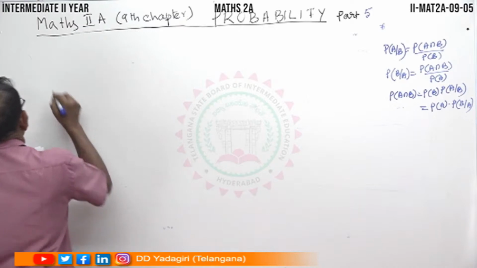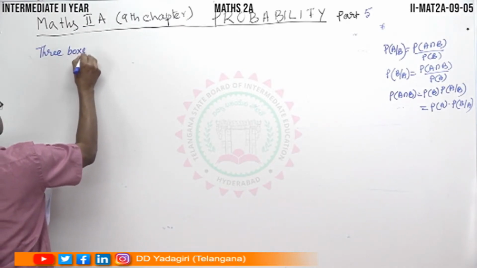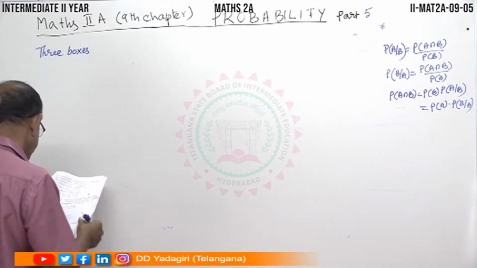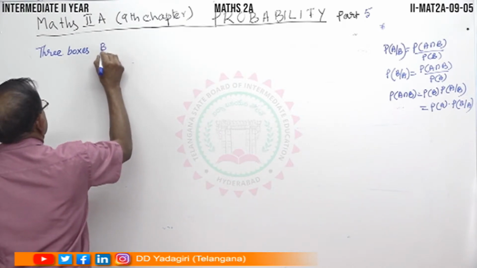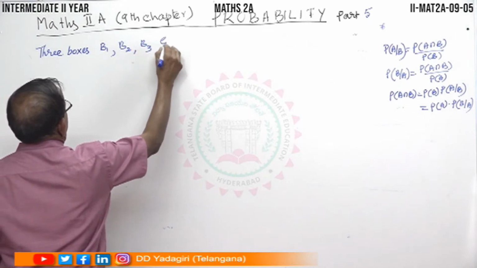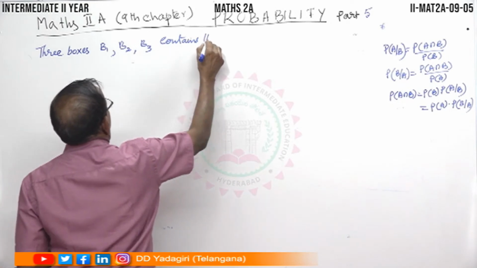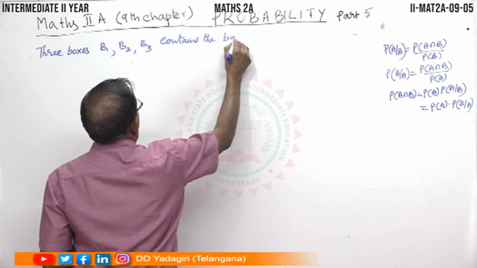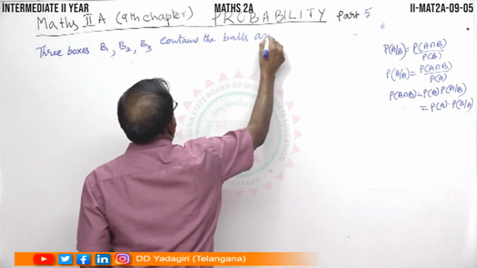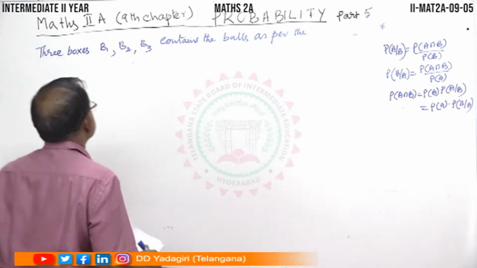Three boxes B1, B2, B3 contain balls as per the following table.